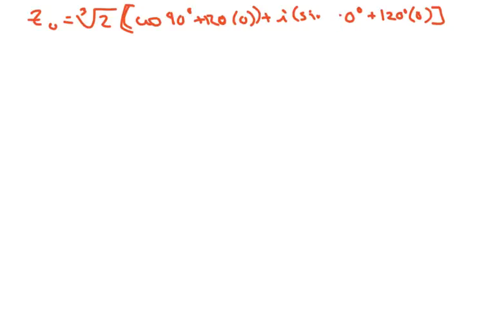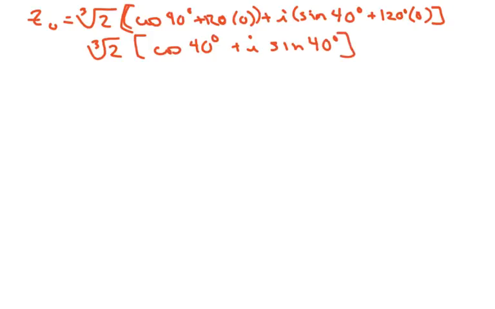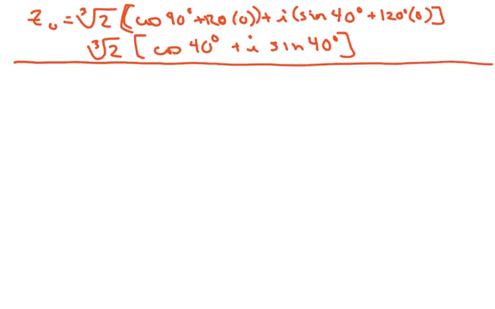So let me fix this a little. I had too many parentheses. Okay. So when you simplify this, you're going to get z_0 is cube root of 2 times cosine of 40 degrees plus i sine of 40 degrees. All right, so that's our first one. We had to find all the cube roots. That's the first one. Okay, the second one, we're going to do z_1.